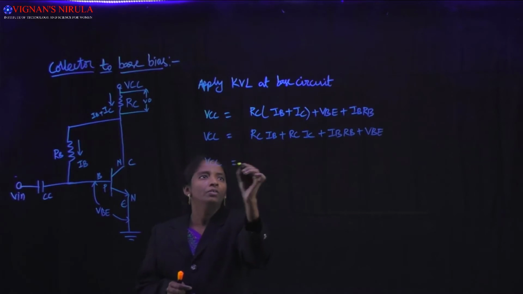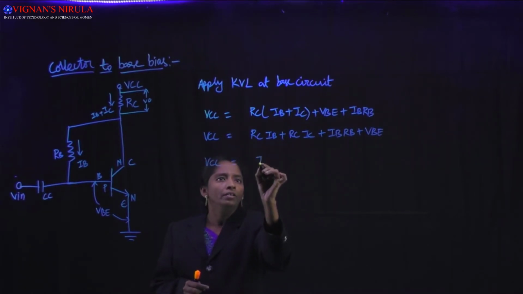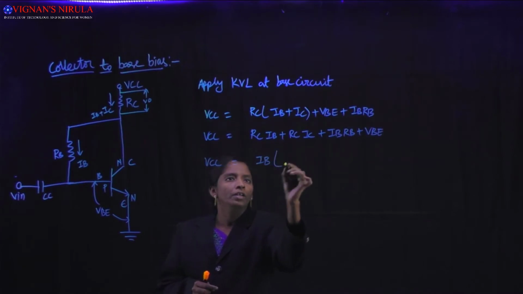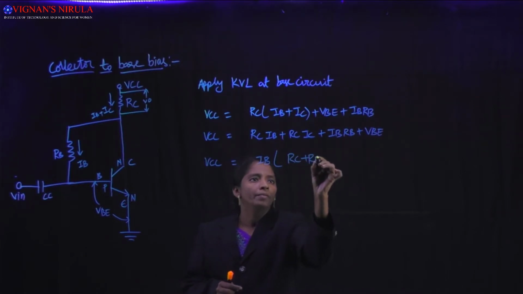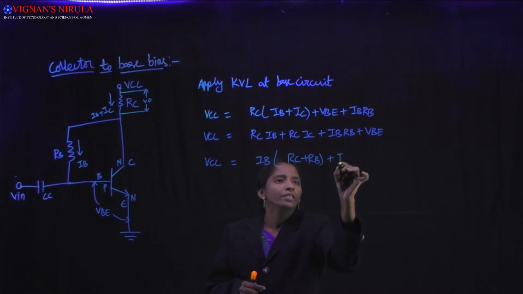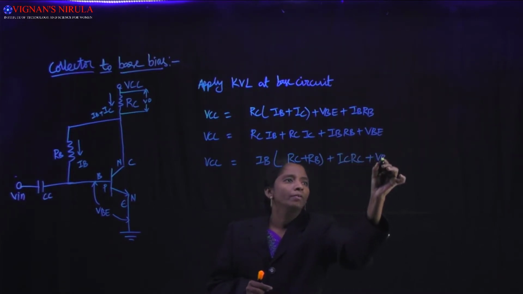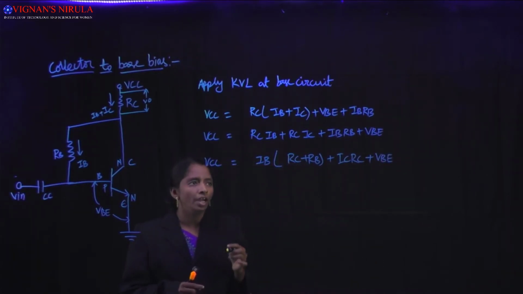Taking IB common, VCC equal to IB into RC plus RB, plus IC into RC plus VBE. But we want IB only.